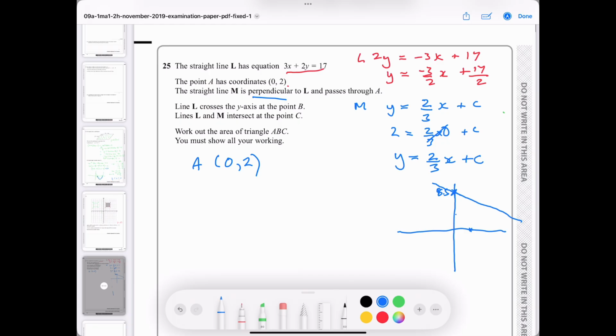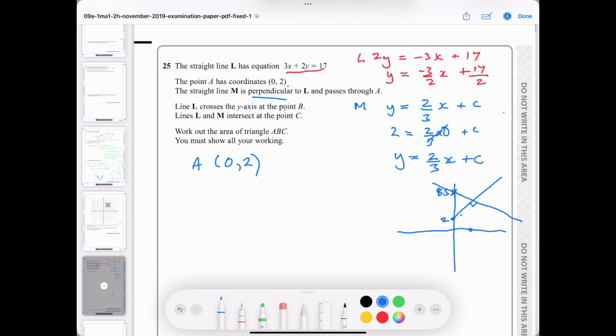Oh, hang on. So it goes through 0, 2, so that's there. So that's 2. Yeah, so the y coordinate is where it crosses the axis. So that's going to go that way, and that's going to be a right angle. So where that meets is, cool.